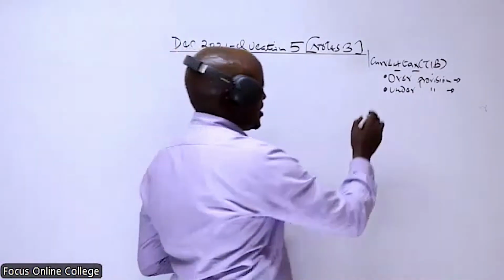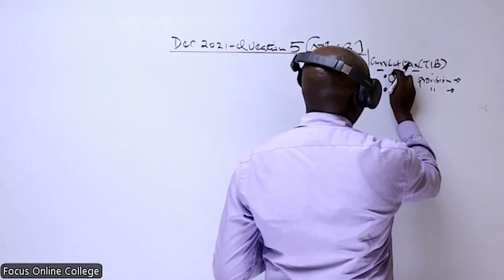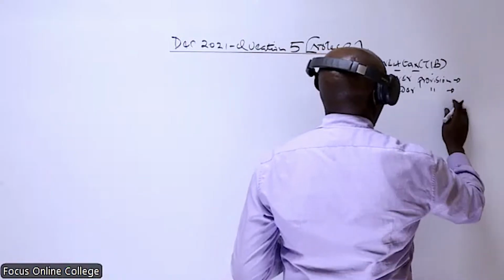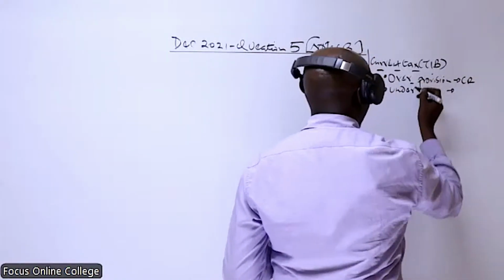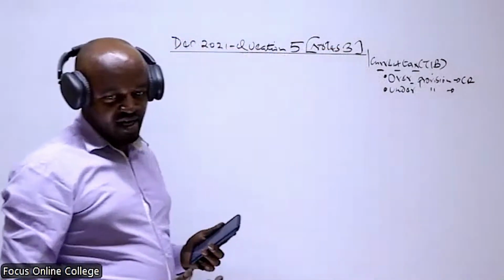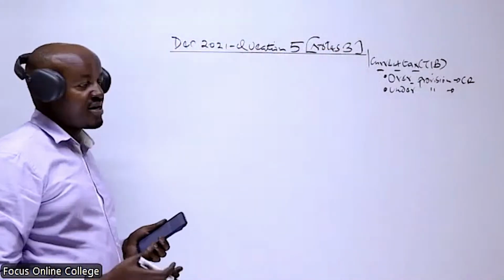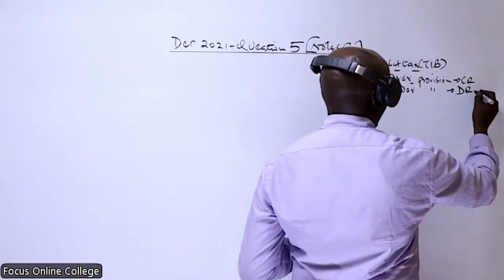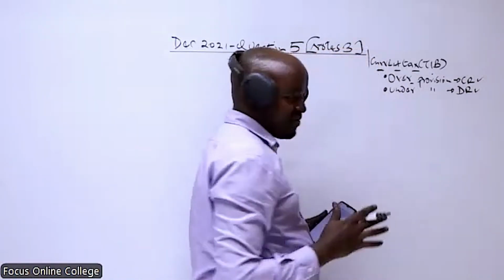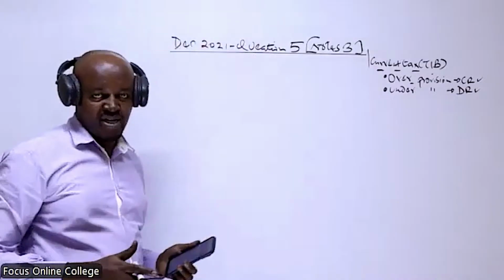So in case this item of current tax is given on the credit side of the trial balance, then we say it is what? It is over. So if that amount is given on the credit side of the trial balance, it is over provision. If it is given on the debit side of the trial balance, it is what? It is under provision. That is what you need to remember here.